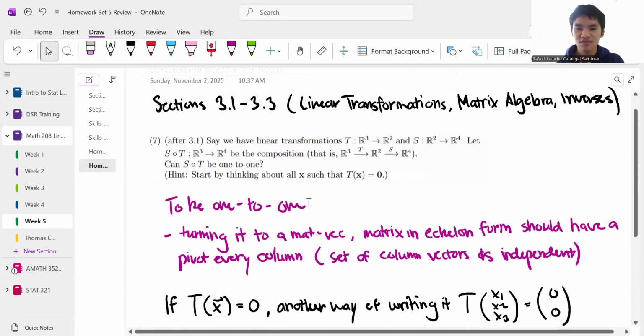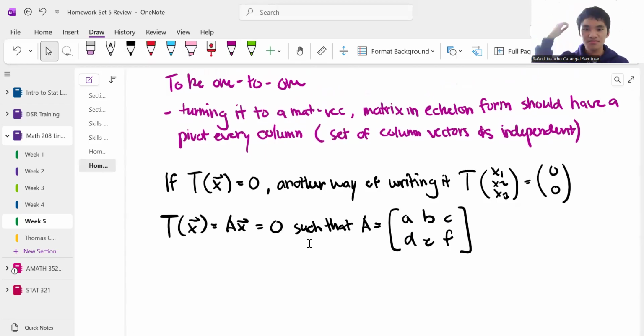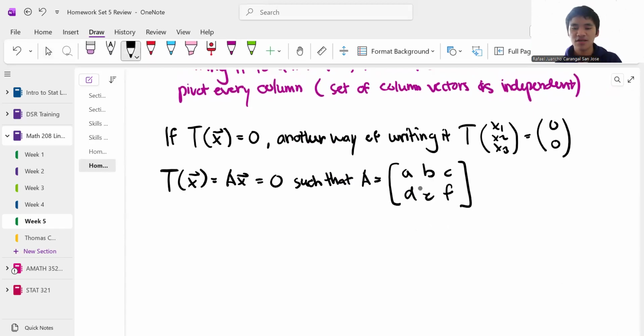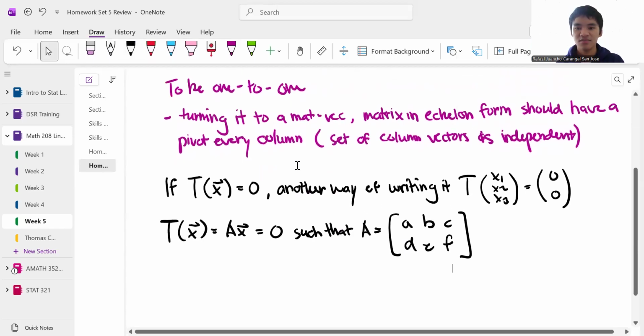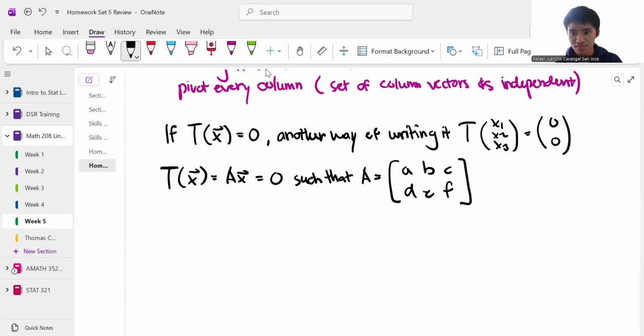Okay, what else can we say? I don't think I'm getting anywhere here. Oh, look at that. Looking at this matrix, can this have a pivot in every column? No. Actually, this one's easier. Let me write it this way.